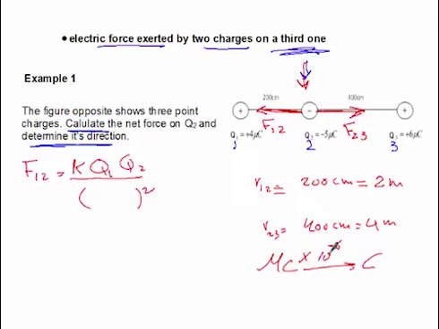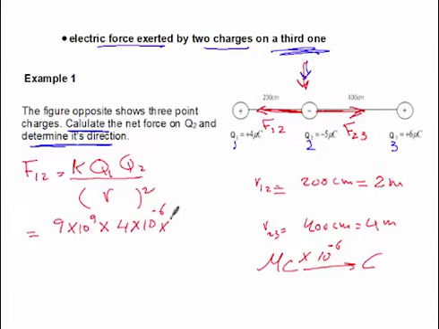Okay, we have here R square. Let's substitute. Our K is 9 times 10 to the 9, constant. Our Q1, here, this is our Q1, which is 4 microcoulomb. So it is 4 times 10 to the minus 6. We are converting it from microcoulomb to coulomb. Our Q2 is minus 5.